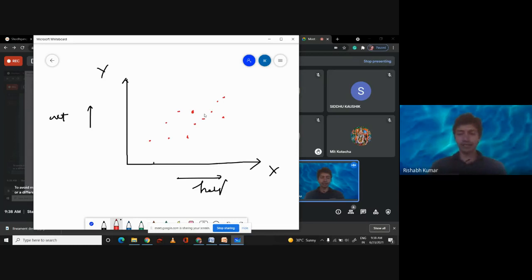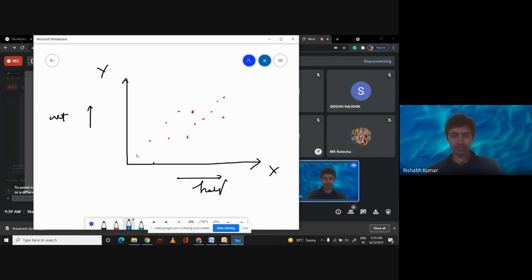Points are scattered in your graph and you have to represent the trend. In this graph you can see that as your height is increasing, your weight is also increasing. So it can be represented by a straight line.